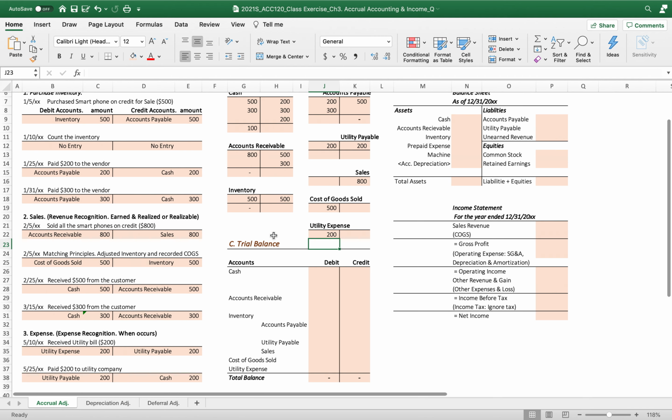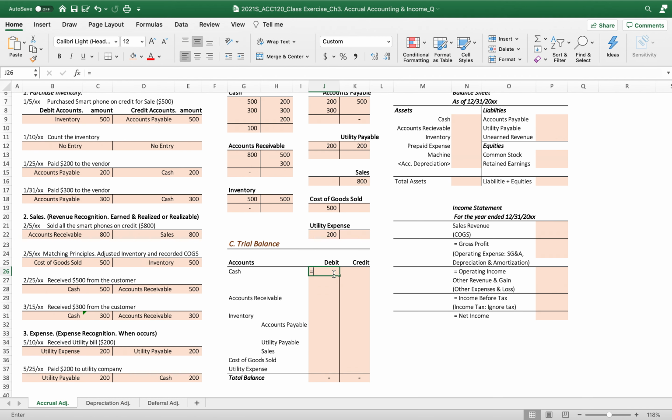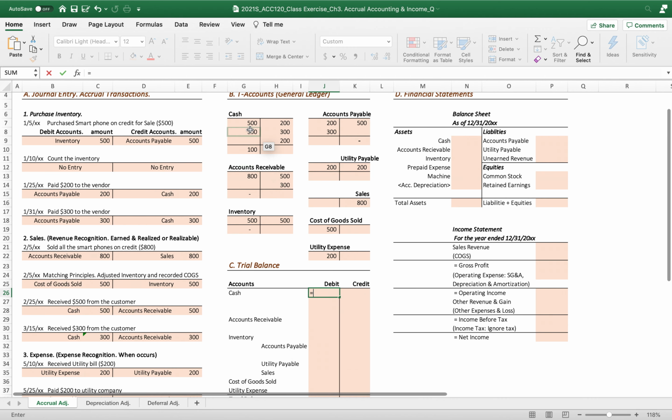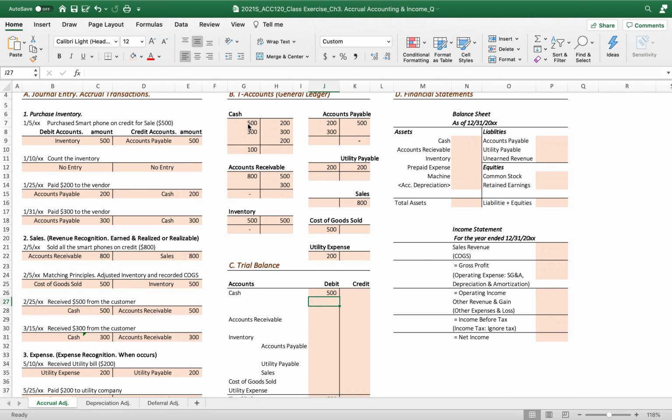Now let's make sure that we collect all these T accounts. From the cash side, credit 200 and 300, 200. Then accounts receivable 800 on the debit, and on the credit we have 2 transactions, and the inventory 2 transactions, in and out.